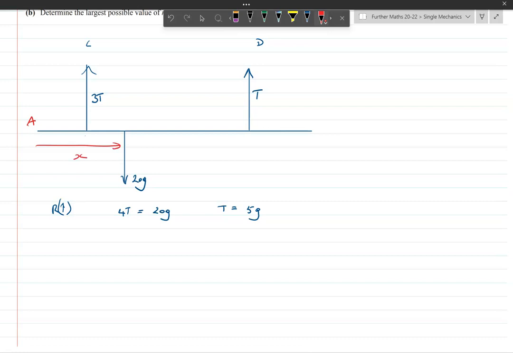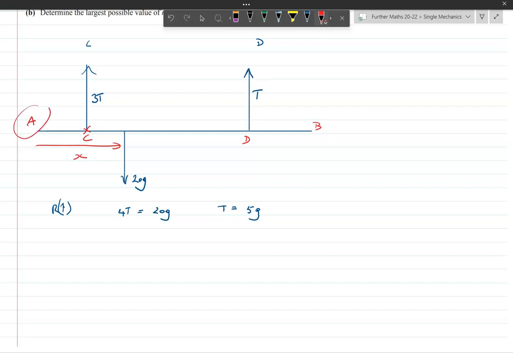Now, with moments, we could take moments about many places here and get the answer. Could take moments about B, D, C, A. I wouldn't take it about the centre of mass, but otherwise it's pretty straightforward wherever we go.